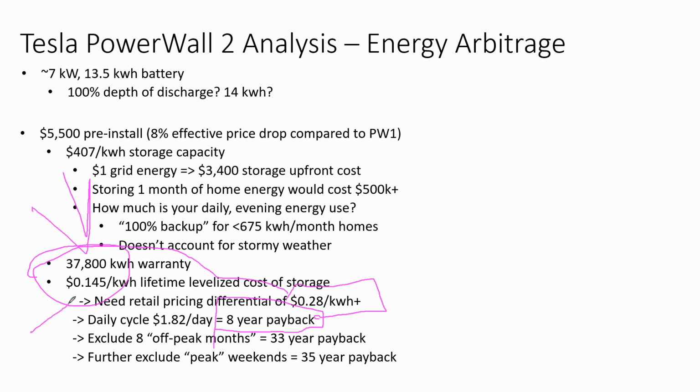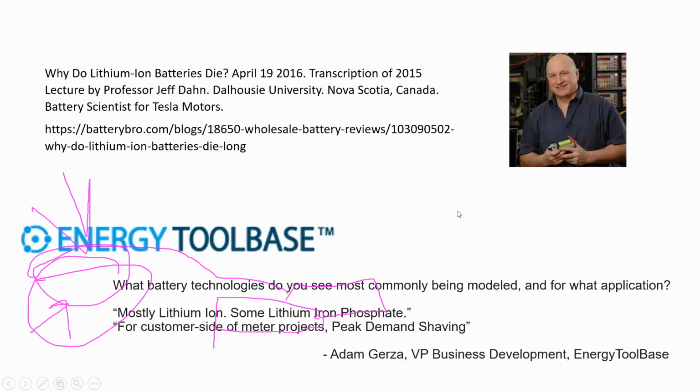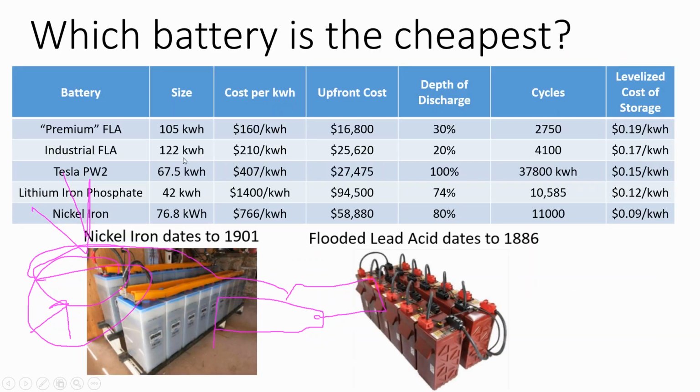And if I wanted to do energy arbitrage with flooded lead acid, and my differential between peak and off peak is a 20-cent differential, and it costs me 20 cents to do energy arbitrage with lead acid, it falls apart. I'm just spinning my wheels. I'm not saving any money.